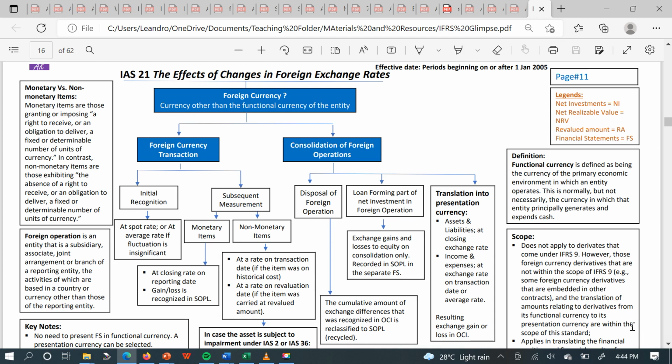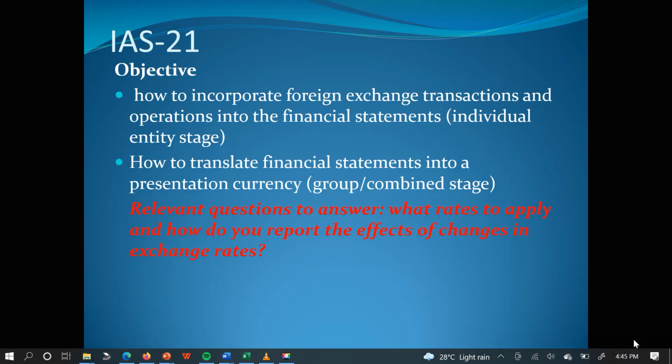Okay, so now let's look at it in a bit more detail. So, like I just mentioned, the objective of IAS 21 is how to incorporate foreign exchange transactions and operations into the financial statement, individual entity stage. If you bought an asset from Europe, how do you do the double entry? How do you debit PPE and credit cash or bank?